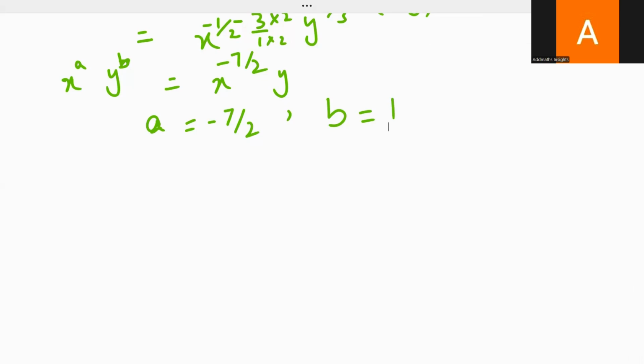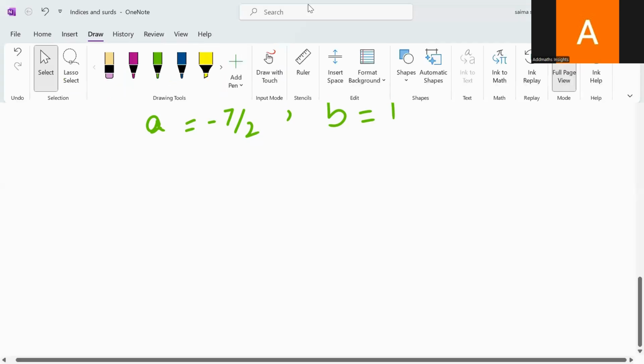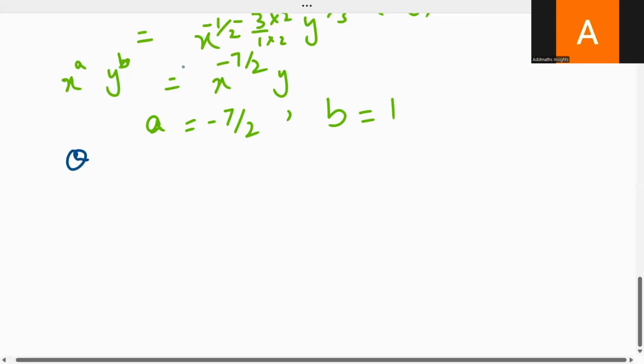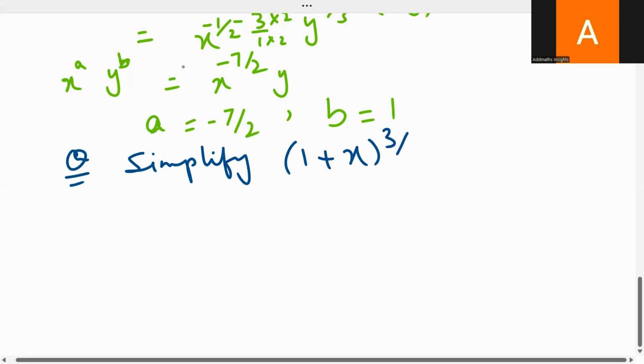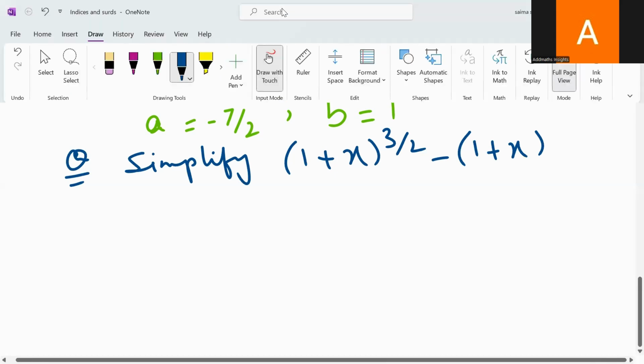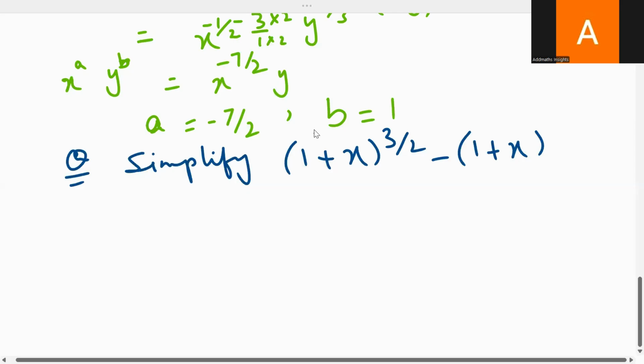Next question is, simplify one plus x raised to the power 3 by 2 minus 1 plus x whole raised to the power 1 by 2.